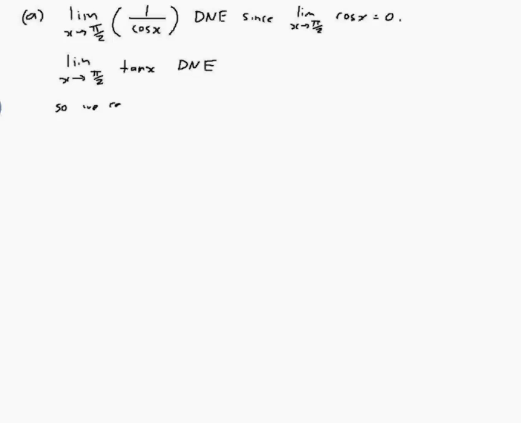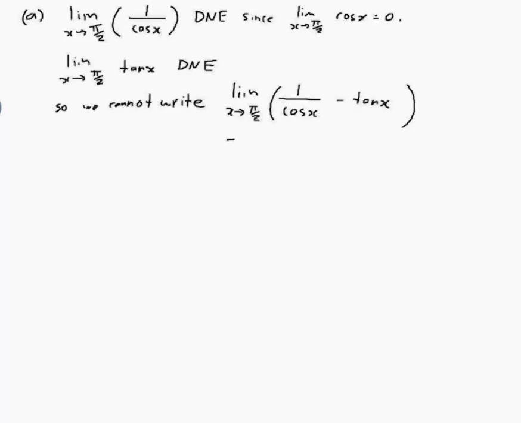So we cannot write the limit as x approaches pi on 2 of 1 on cos x minus tan x.